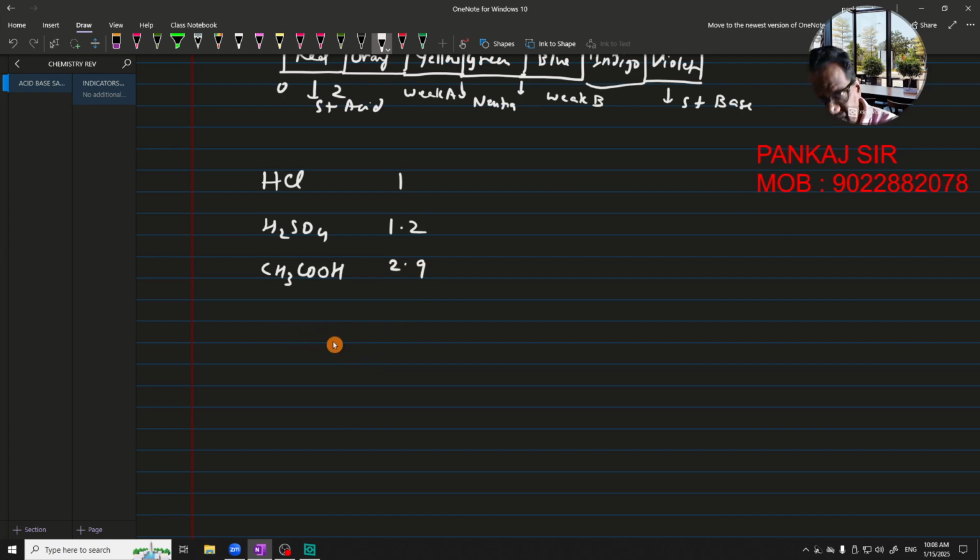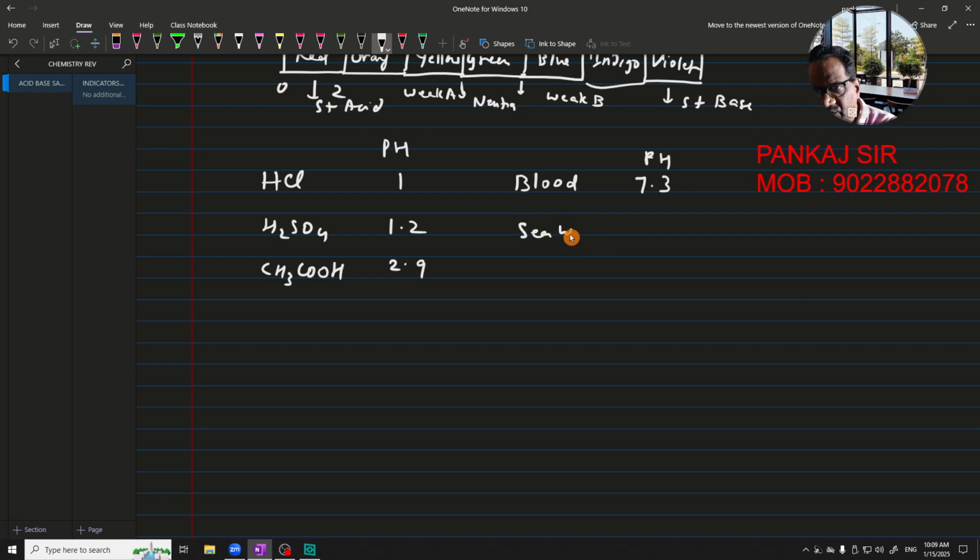And if you want the pH value of some alkaline substances, then human blood is supposed to have 7.3. It's not neutral but slightly alkaline in nature, because neutral means the pH value has to be 7.